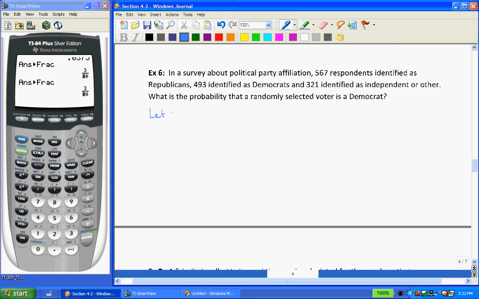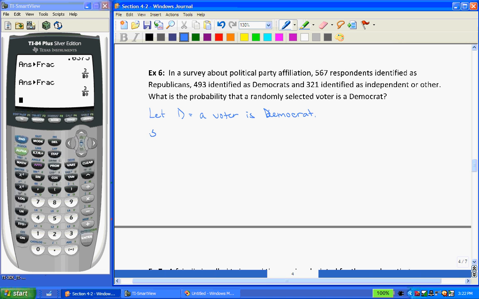So first I'm going to let D equal a voter is a Democrat. Okay, this time I don't know how many total voters there are. I know how many are Republicans, how many are Democrats, and how many are independent or other, but I don't know a total, so it's up to me to find that.